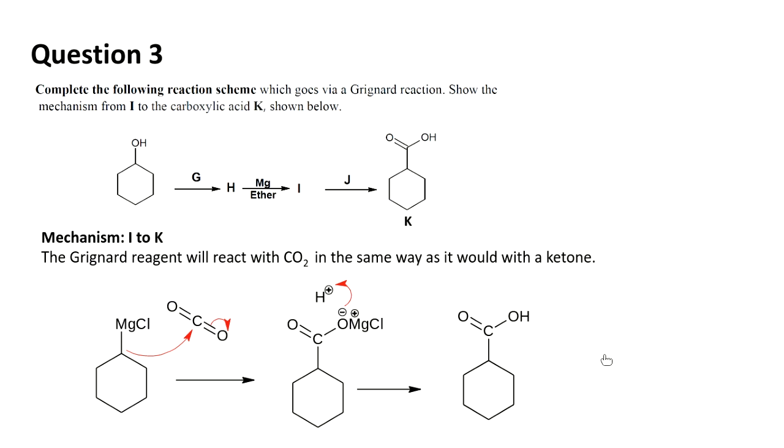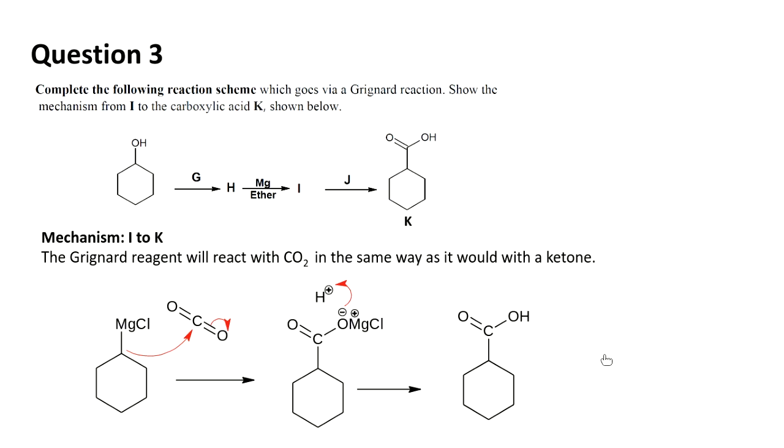Okay, Basandra, I see your question. The point I was making is that the reactions that we have looked at so far are reactions between Grignards and carbonyl groups, so aldehydes and ketones. Aldehydes will form a secondary alcohol, and ketones will form a tertiary alcohol. CO2 has two carbonyl groups, and so the reaction occurs in the same way as it would with a regular ketone or aldehyde.